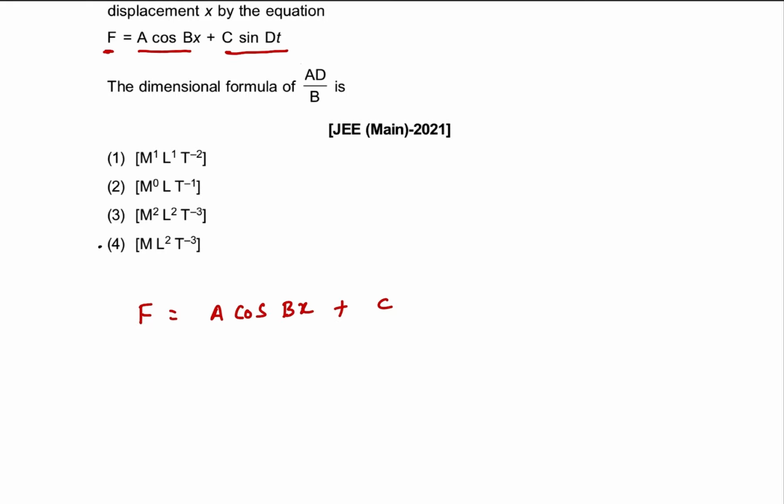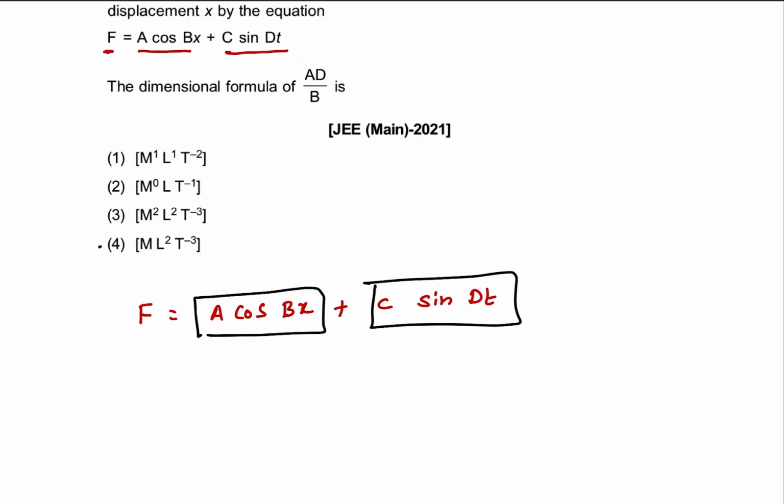So I'm writing here, F is equal to a cos bx plus c sin dt. Observe this carefully. I am adding a cos bx with c sin dt. Dimension of F is equal to the dimension of this term.